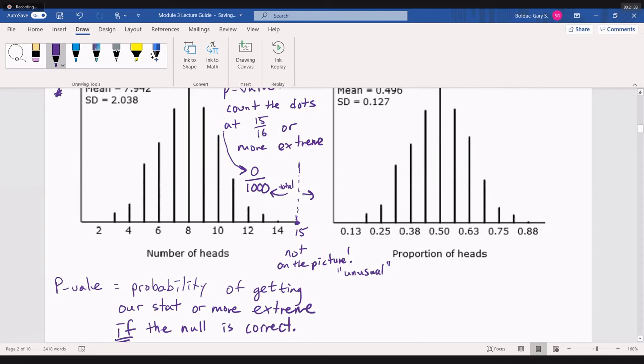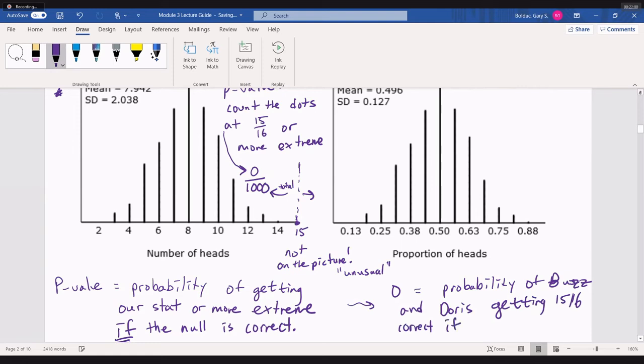Remember, in this case, this would be 0, that's the p-value, the probability of Buzz and Doris getting 15 out of 16 correct if they are just guessing.